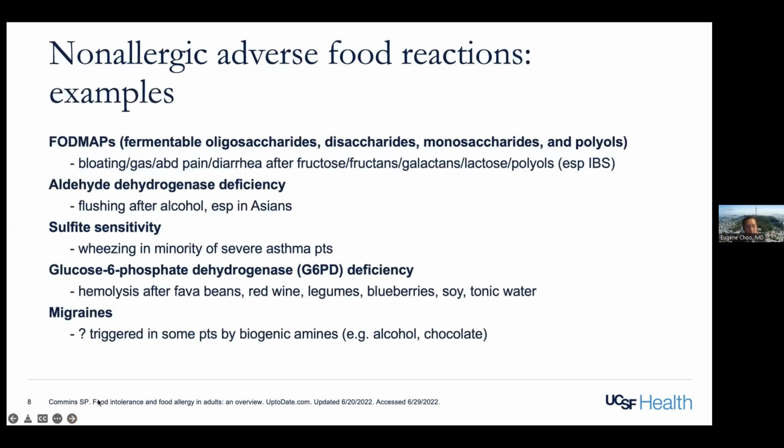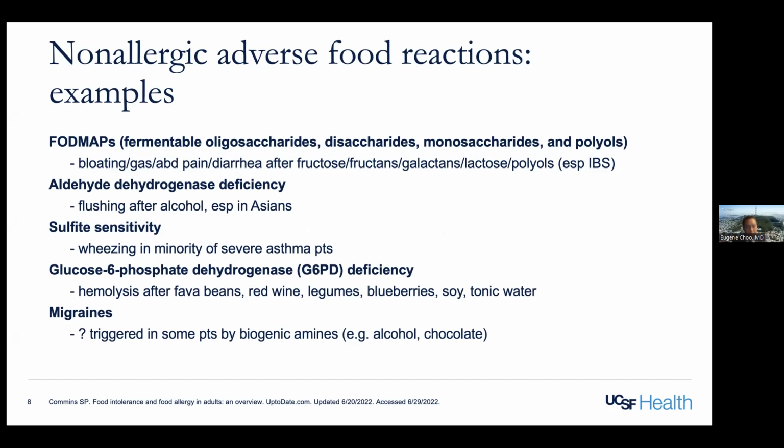So as I had mentioned earlier, FODMAPs: fermentable oligosaccharides, disaccharides, monosaccharides, and polyols. This is one of the most common things that we will be getting questions about and consultations about, at least from our primary care practitioner population.